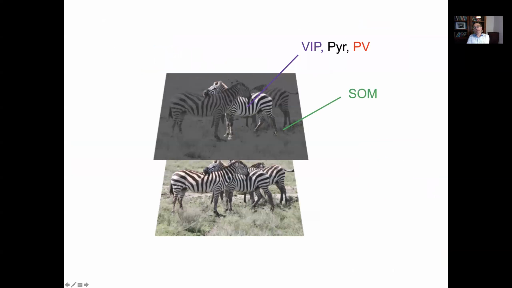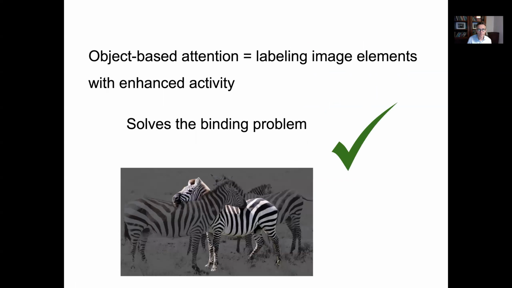So that's quite an exciting idea that at figure locations there are certain sets of neurons that go up in activity, but the somatostatin cell has this very special property that it's more strongly active by those image regions that are not so relevant to behavior. So I think we are providing insight into those processes that allow the visual cortex to label all those image regions that are relevant to behavior with enhanced activity.